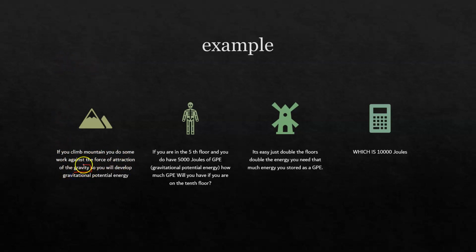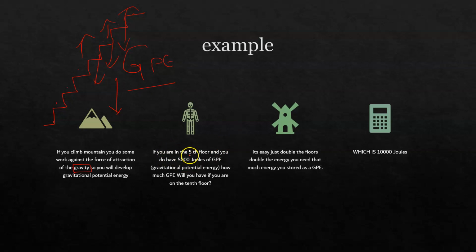If you are doing some work against the gravity when you are moving up, you are climbing stairs, every step you do work against the gravity, because the gravity is pulling you downwards. Every time the gravity is pulling you downwards, so you are moving upwards, that means you are doing some work against the gravity, right? So you will be storing some energy in your body, that is called gravitational potential energy.